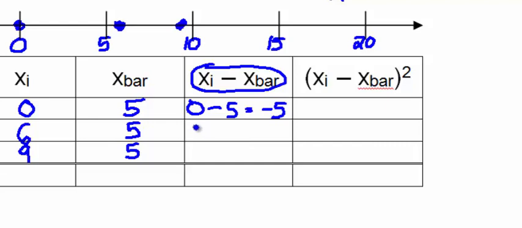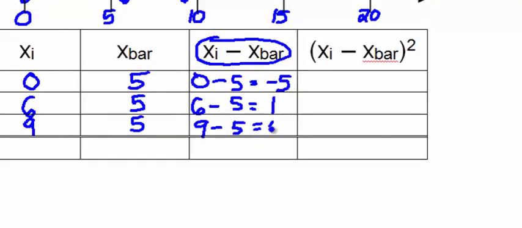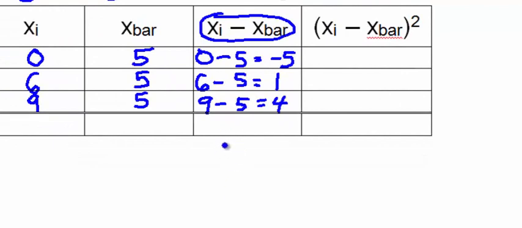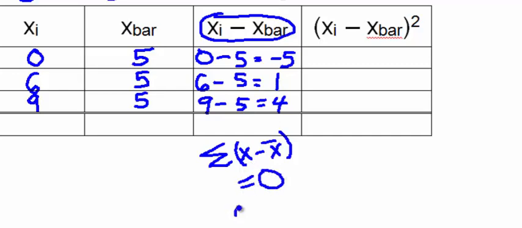The next deviation would be our x, 6 minus 5, which is 1, and our last one would be 9 minus 5, which is 4. Now if we were to add up these deviations, that's the notation, we would get negative 5 plus 1 plus 4, which would give us 0. This is always true for any data set.